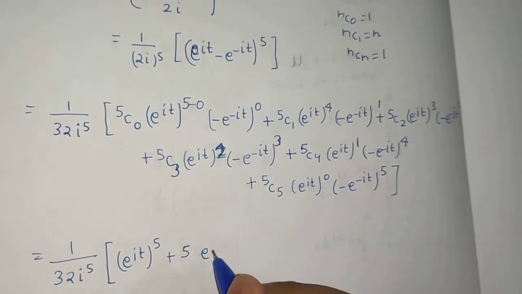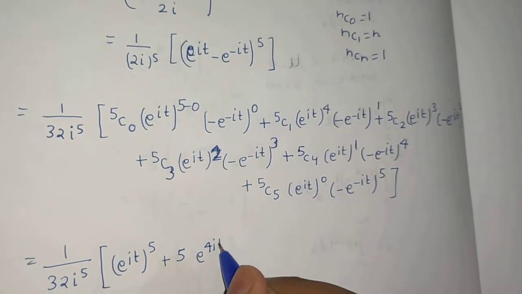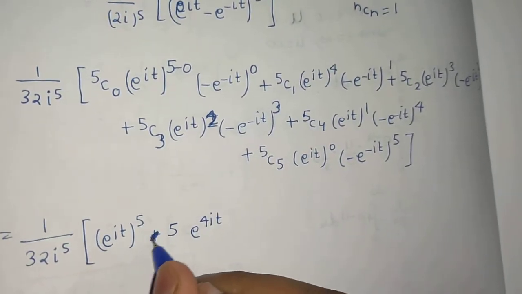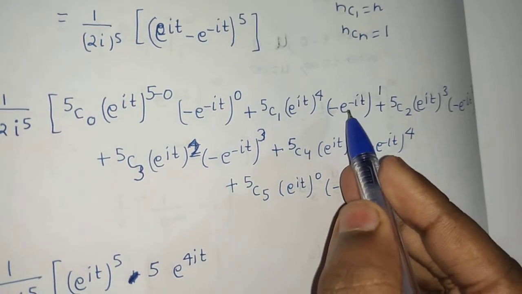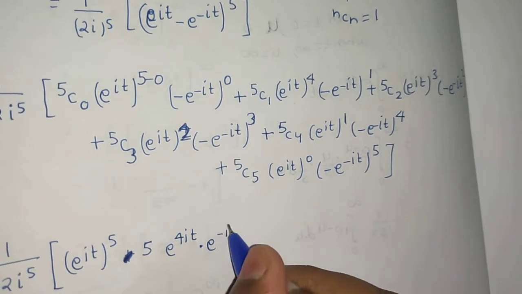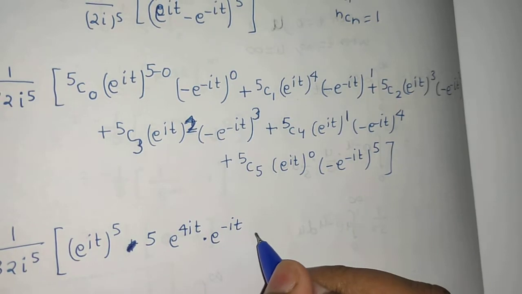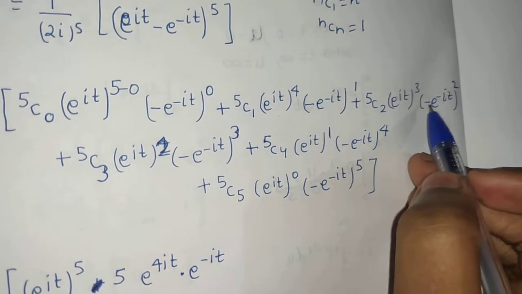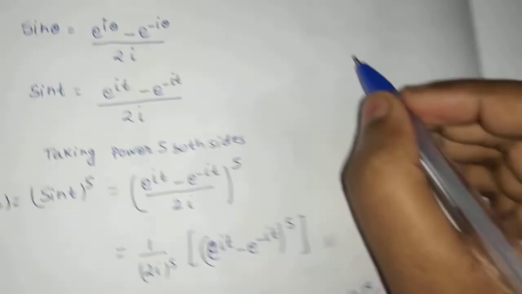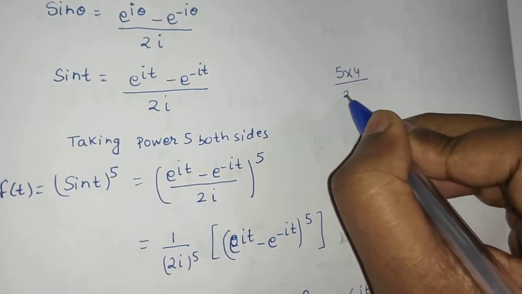Now we were on the second term, so 5c1 is 5. Then now I can bring this 4 inside to e power 4 it. This minus can be brought here. Now e power 4 it multiplied by e power minus it. Now 5c2 I have to find. Now this minus will be nullified. 5c2 is 5 into 4 divided by 2 into 1.